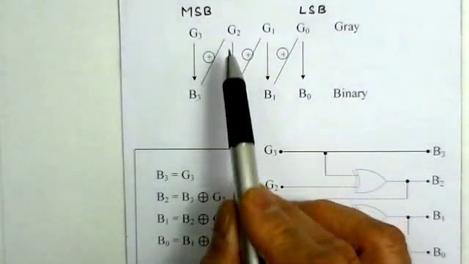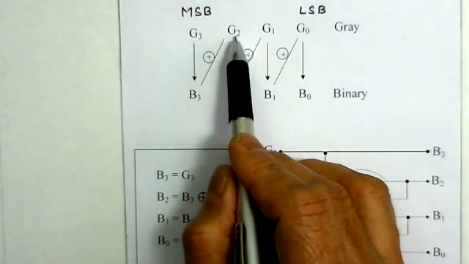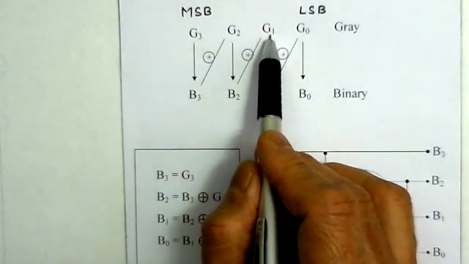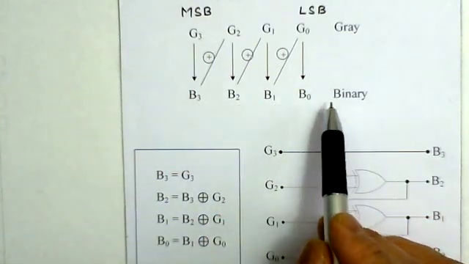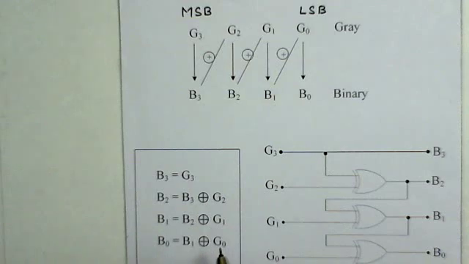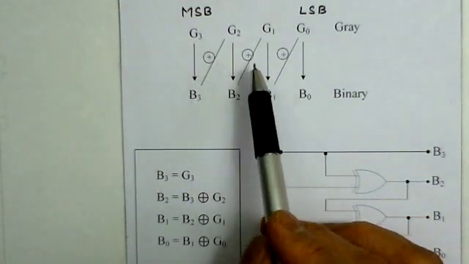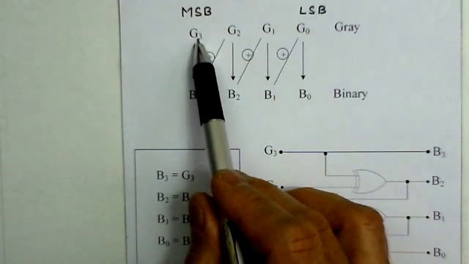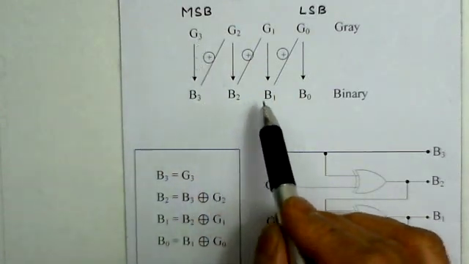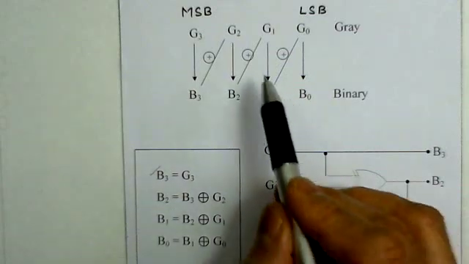These are the gray code bits G3, G2, G1 and G0, with G3 as the MSB. B3, B2, B1 and B0 are the binary code, and we are converting from gray to binary. So B3 is taken as such, like G3, as per this equation.